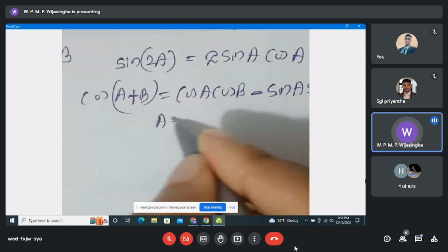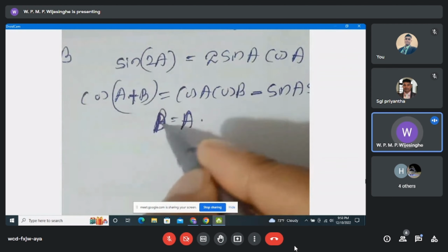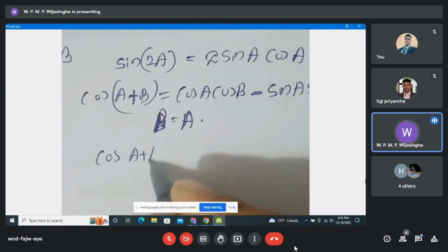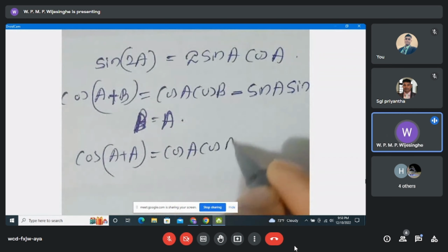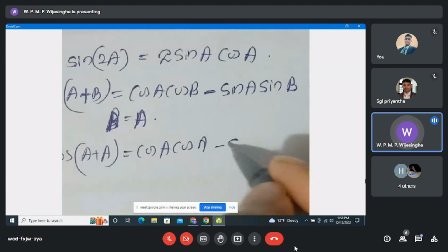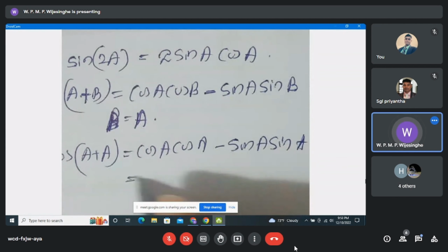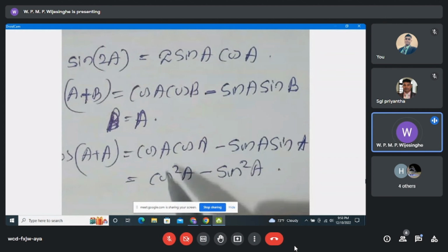If B is equal to A, then you can write cos A plus A as cos A cos A minus sin A sin A. Then cos square A minus sin square A, right?